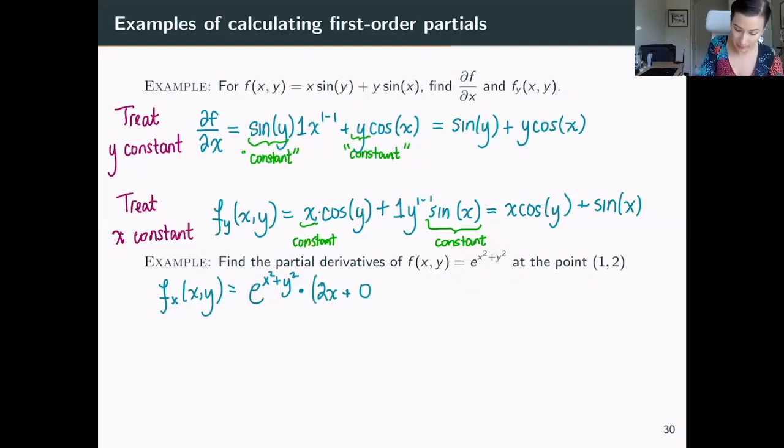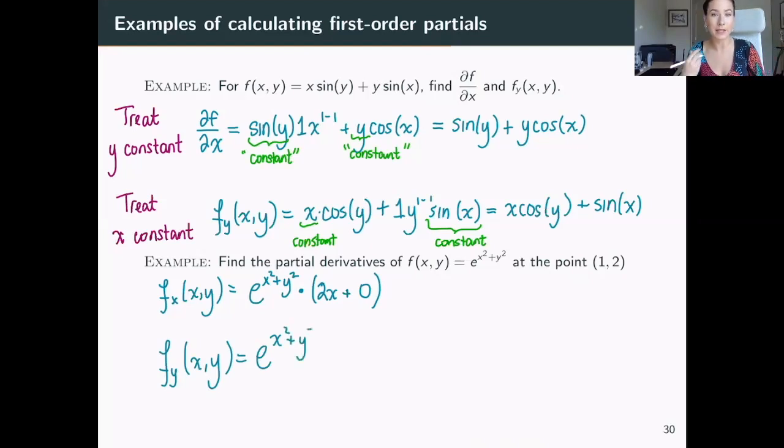Whereas for my derivative with respect to y, I'll have e to the x squared plus y squared times the derivative of the inside, which here my x is constant, so the derivative of x squared would be 0, plus 2y.